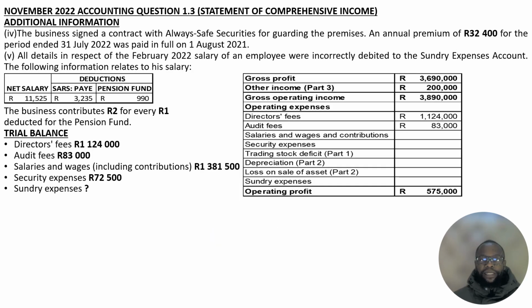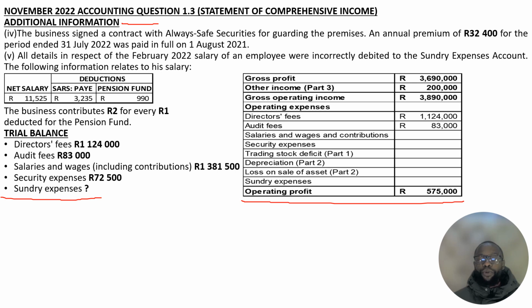As you can see, I have just cut the information from your answer sheet and put it here, and then there is information from the trial balance, and then there is information from the additional information. All this information that I've extracted is going to assist us in calculating our operating expenses.